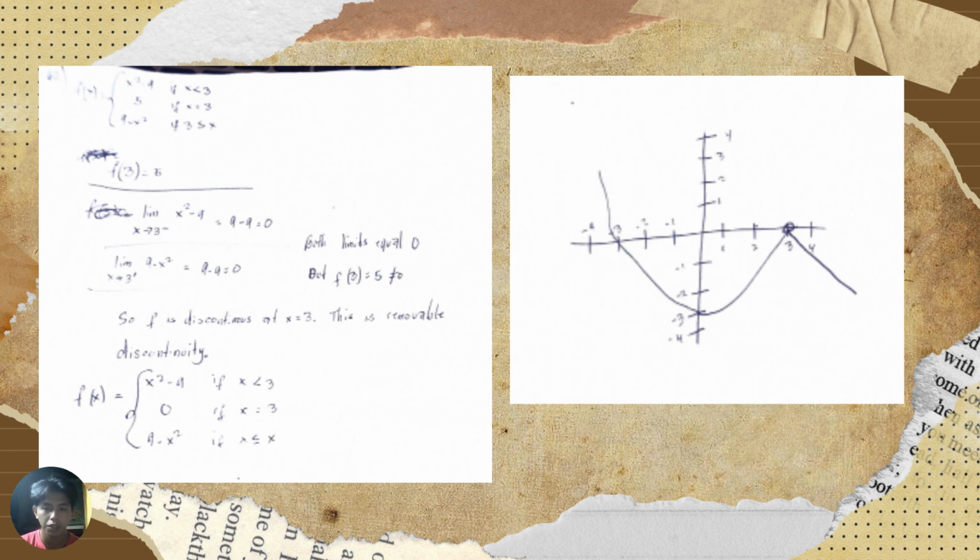It also intercepts y at negative 3 and x at negative 3 as it goes higher.